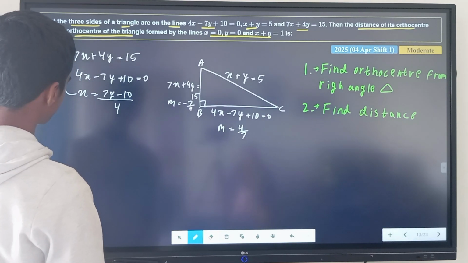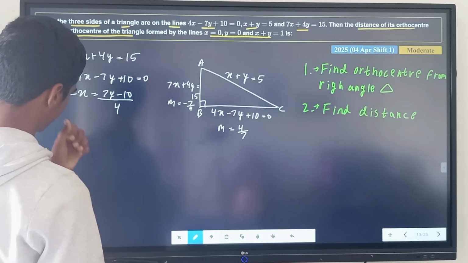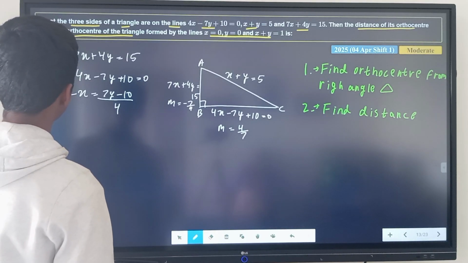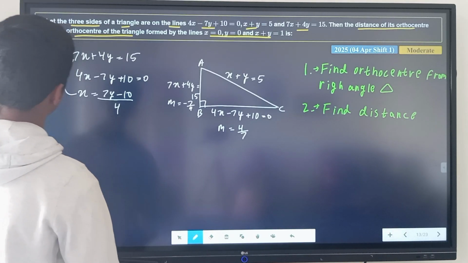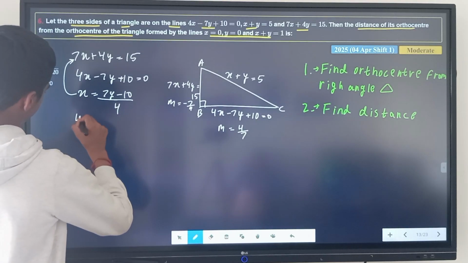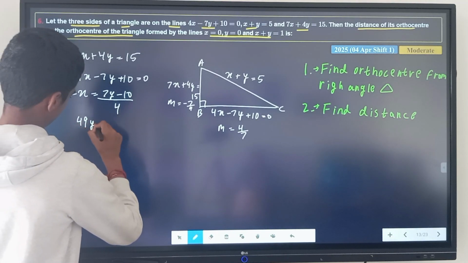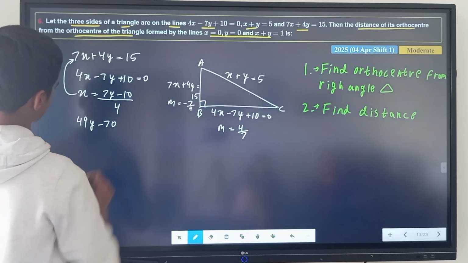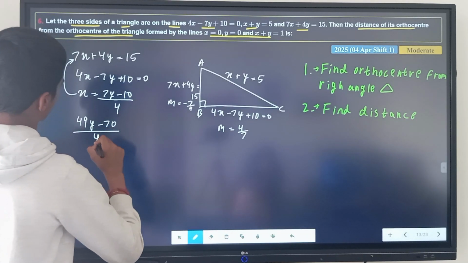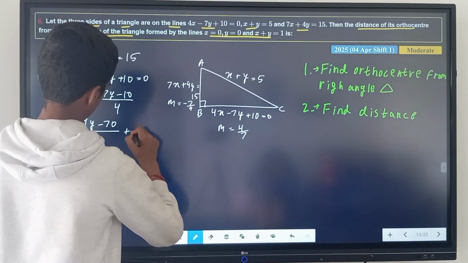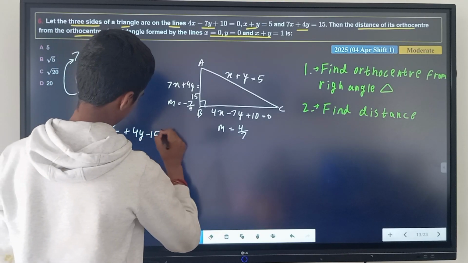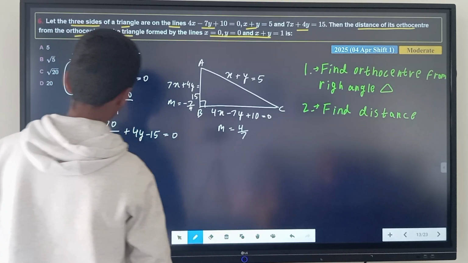Now we will get 49y minus 70 upon 4 plus 4y minus 15 is equal to 0.